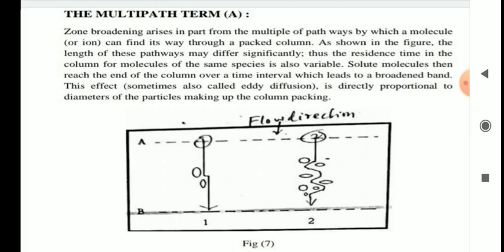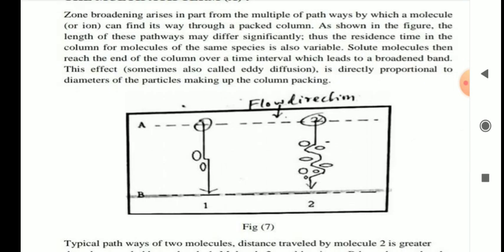Because of that, you are getting broadening, and this sort of diffusion is called eddy diffusion. Eddy diffusion is mainly due to the difference in the particle size of the column packing material. If the column packing material is of uniform size and small and spherical, then this eddy diffusion is lower.